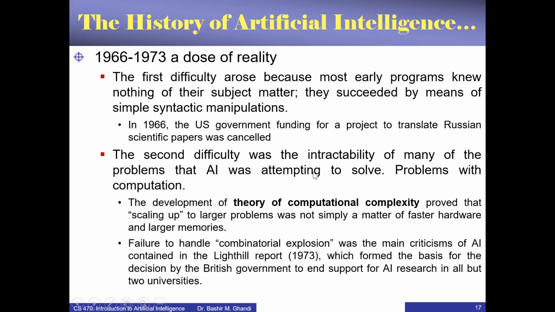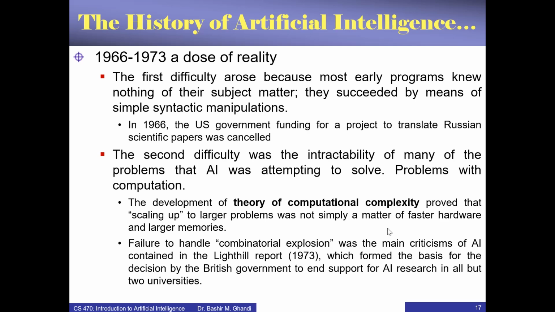But when it was discovered that the development of AI at that point couldn't handle these larger problems, the funding was withdrawn by the government. So this was a period of real setback, but people kept going.